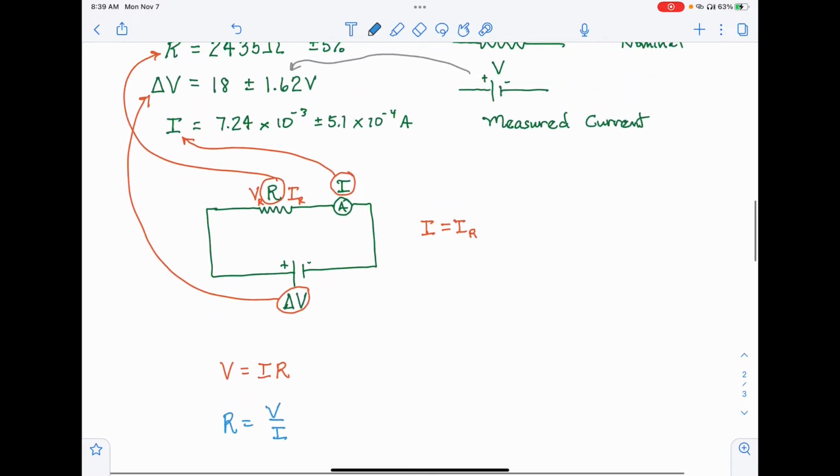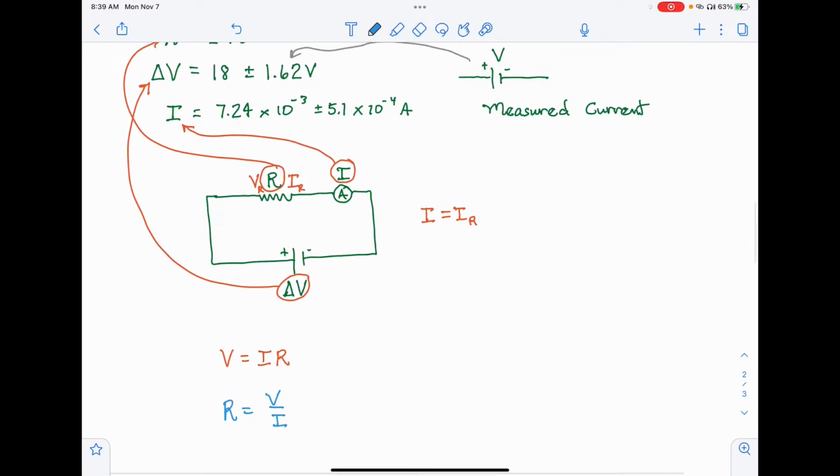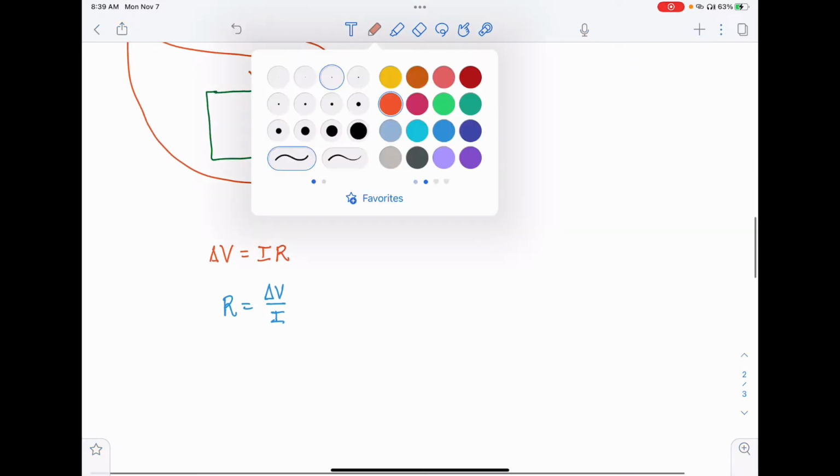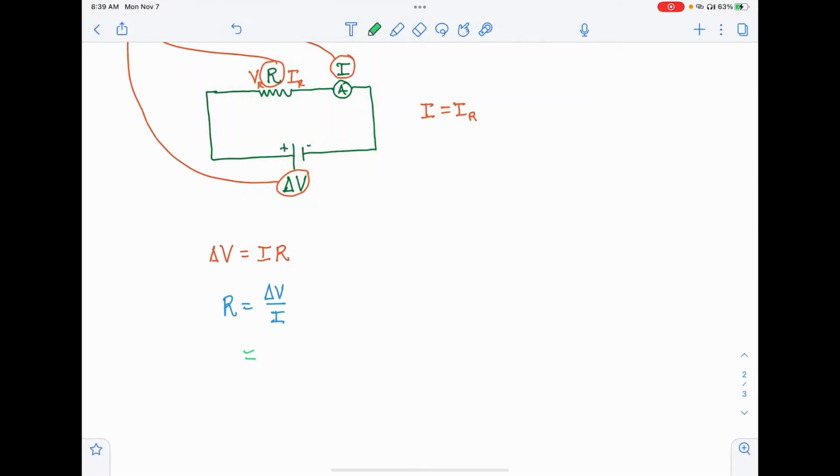So let's just go ahead and take our delta V, and I should say delta V. And let me place a delta V here. So this is just going to be equal to, what is that?